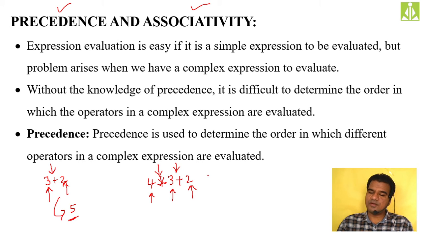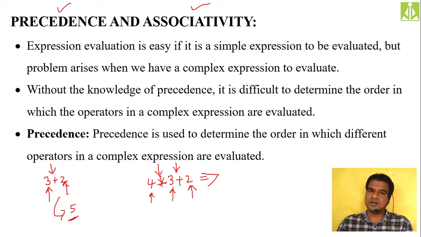So now, how do we evaluate this particular expression and get the value of this expression? Whether I have to evaluate this asterisk multiplication first or I have to evaluate this plus addition first, which one I have to evaluate first? So it is a confusion.